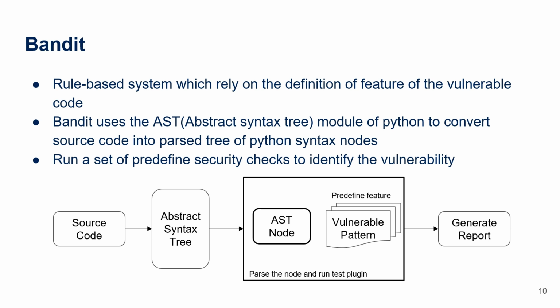The following figure is the scanning process of this tool. First, Bandit will convert the source code into the format of an abstract syntax tree, and then parse it. During the parsing process, it will compare it with the test plugins defined first.